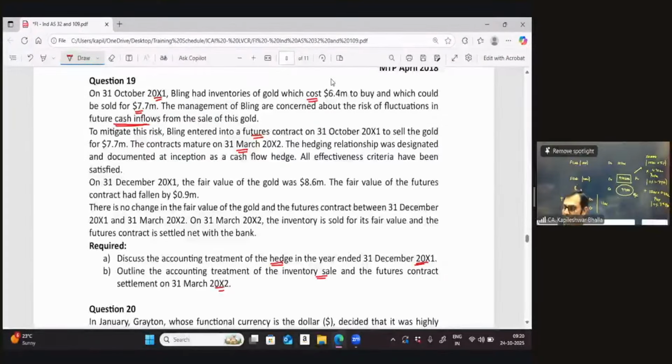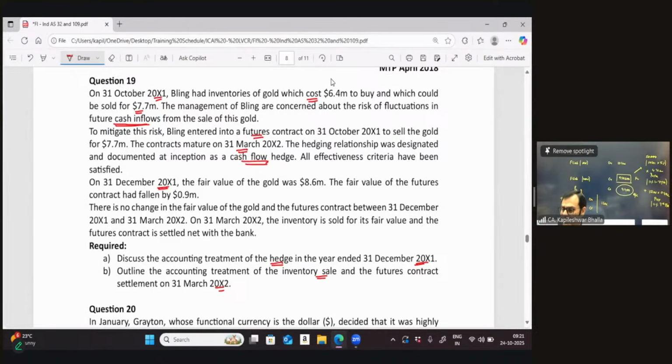The hedging relationship is designated and documented at inception as a cash flow hedge. All the effectiveness criteria have also been met. So all the requirements for hedge accounting are met: effectiveness, documentation, everything is done.